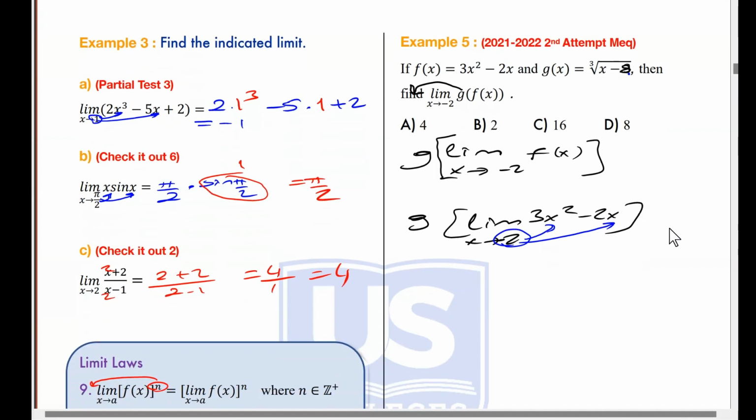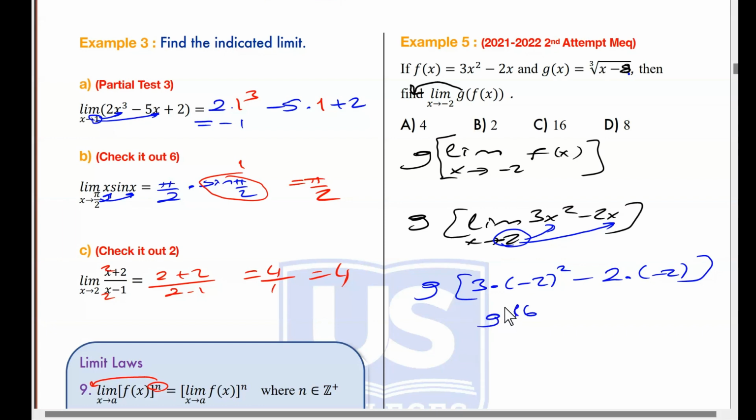Substitution works, so we do direct substitution. Substitute negative 2 for x in the f function. So here we have 3 multiplied by negative 2 squared minus 2 times negative 2, which will make 4 times 3, 12, plus 4, 16.